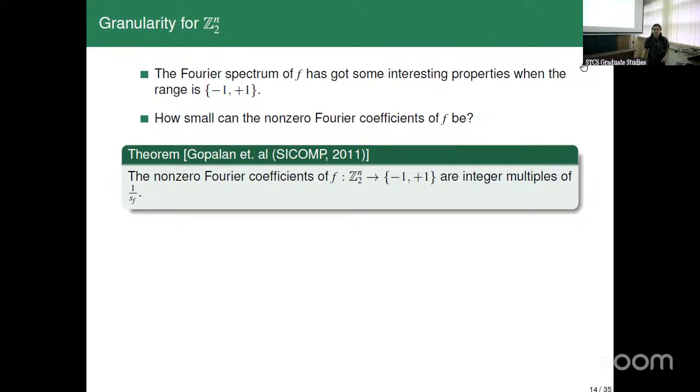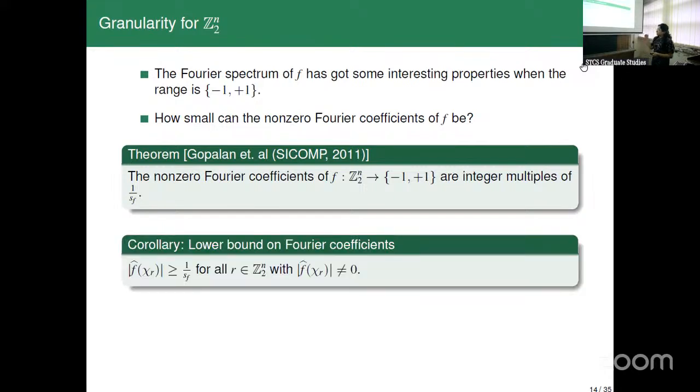So they cannot be very close to 0. This is the corollary: since they are integer multiples of 1 by sparsity, the absolute value of the non-zero Fourier coefficients is always greater than or equal to 1 by sparsity.